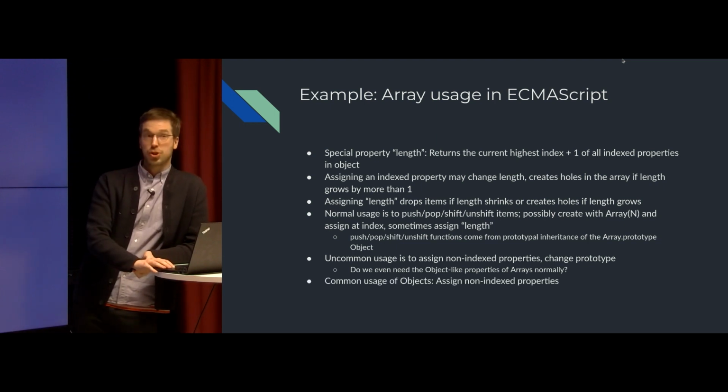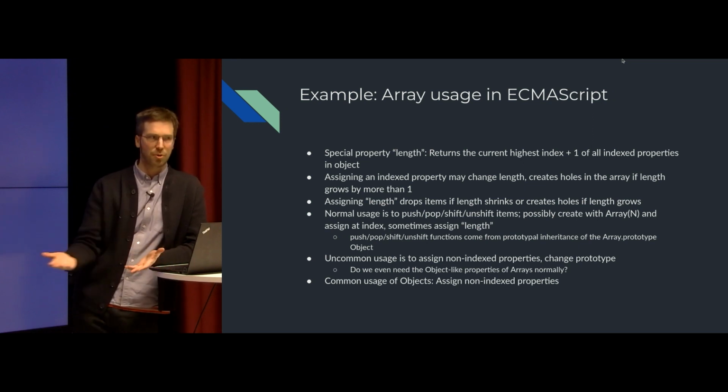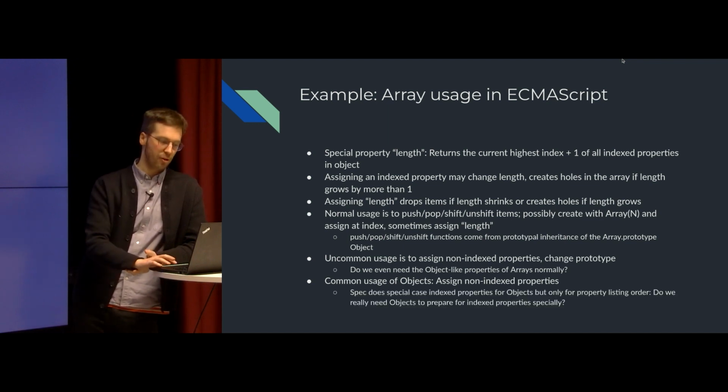Common usage of objects, by the way, is to assign non-indexed properties. So foo, bar, and so on and so forth. It's quite rare that you would assign 0, 1, 2 to these indexes into an object. Because if you're assigning to those, why are you using an object? Why aren't you using an array?